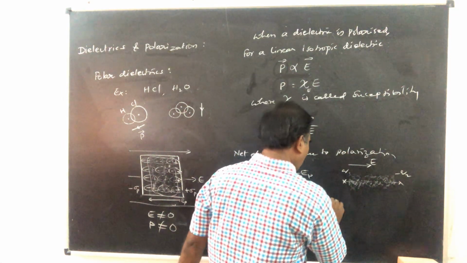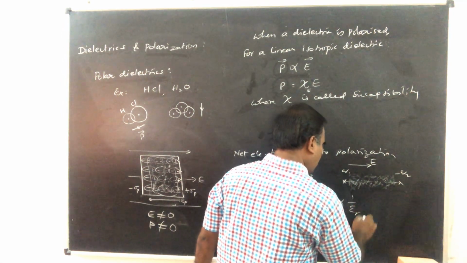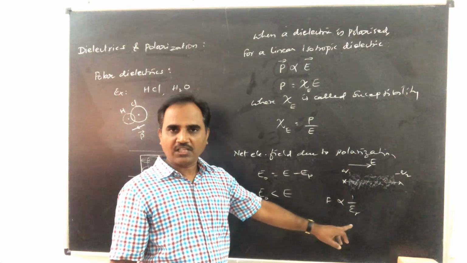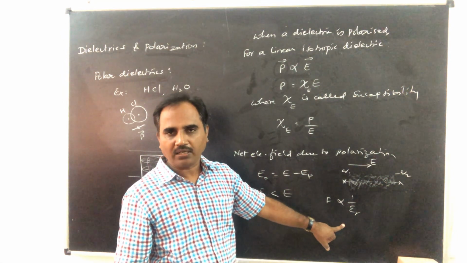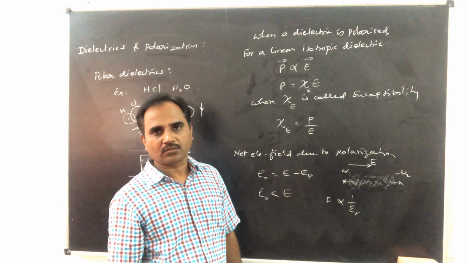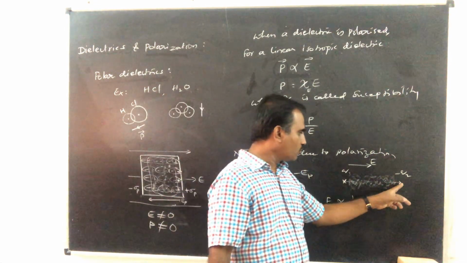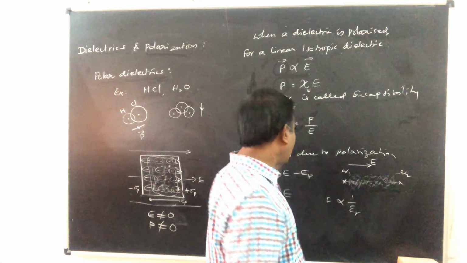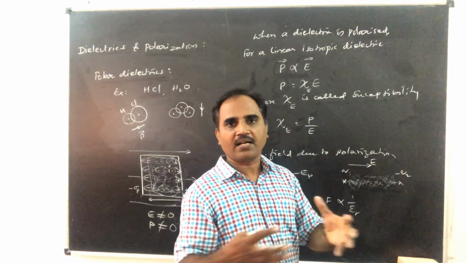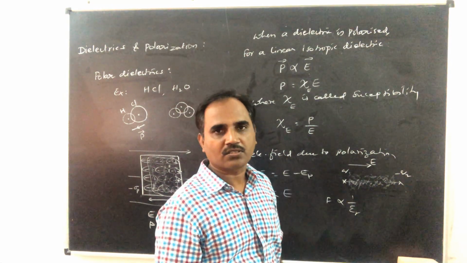And that is how you have written that F is inversely proportional to epsilon r. So this epsilon r, which is called relative permittivity or dielectric constant, can be defined only for insulators. So when insulators are used between two charges, because of this dielectric polarization, it reduces the field, it reduces the interaction, that's why the force decreases.